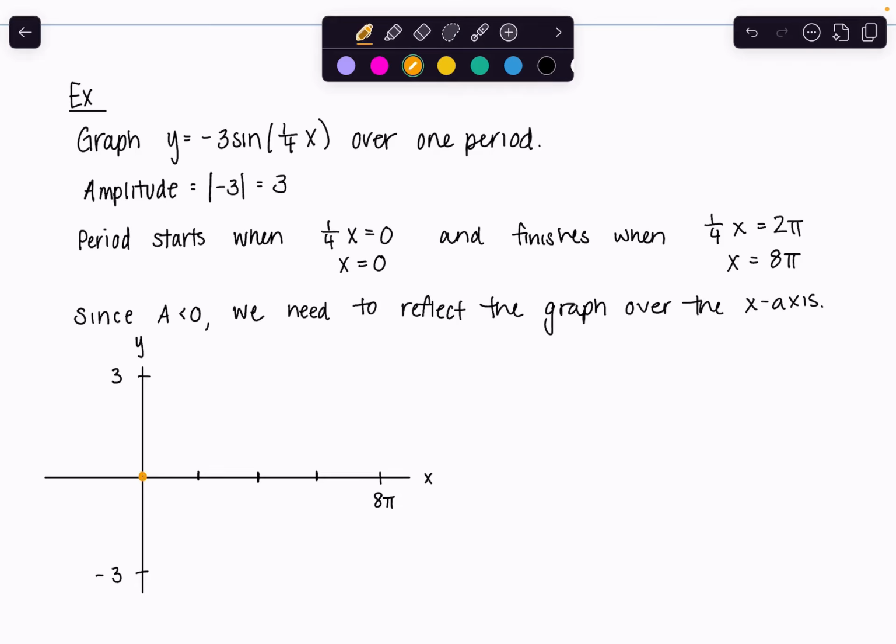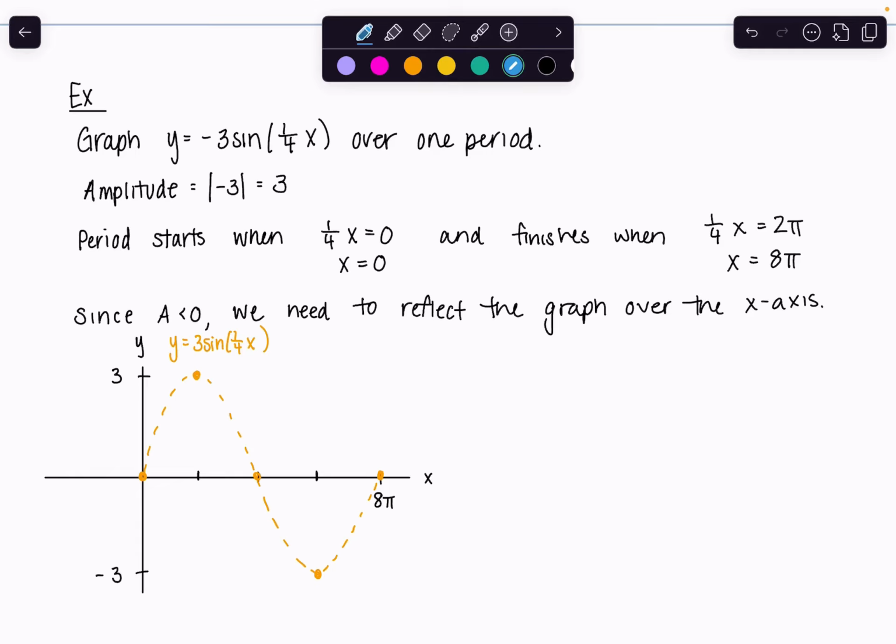So sine starts at 0, then it hits that maximum, back to 0, the minimum, and back to 0. And then I'm going to graph this as a dotted because, again, this isn't my final graph. Instead, this would be if the thing was positive. So this would be the graph of 3 sine of 1/4 x.